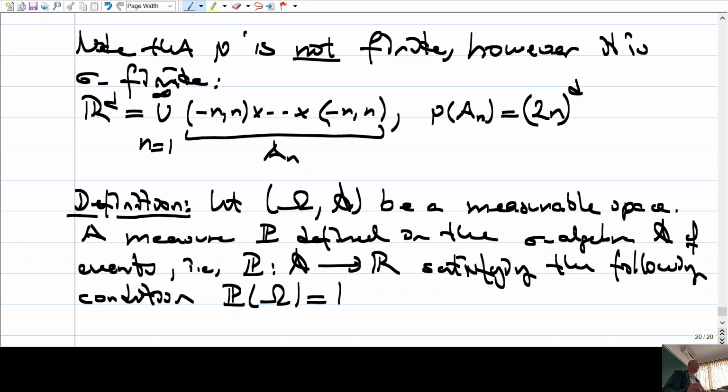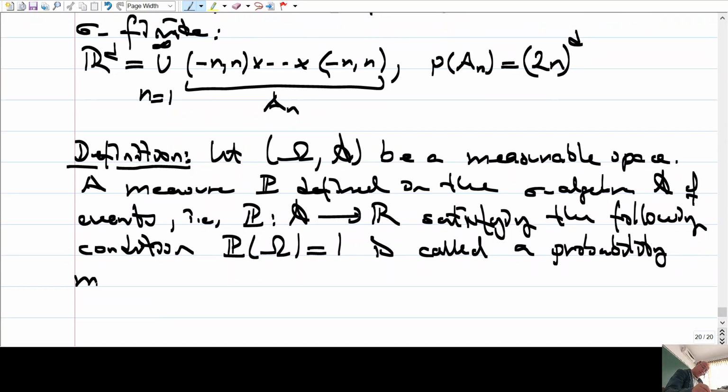So it's a finite measure space. It is called a probability measure. So if a measure has total mass 1, then we call it a probability measure.